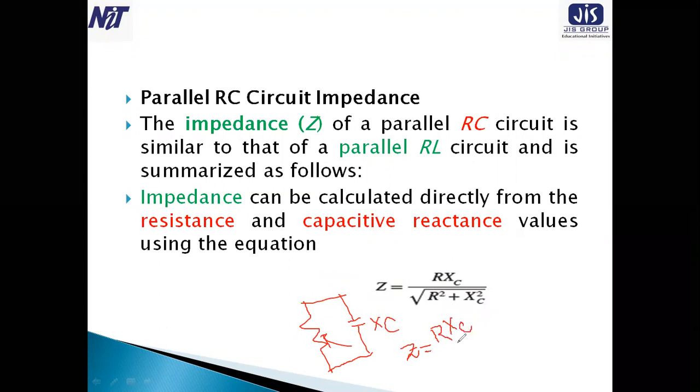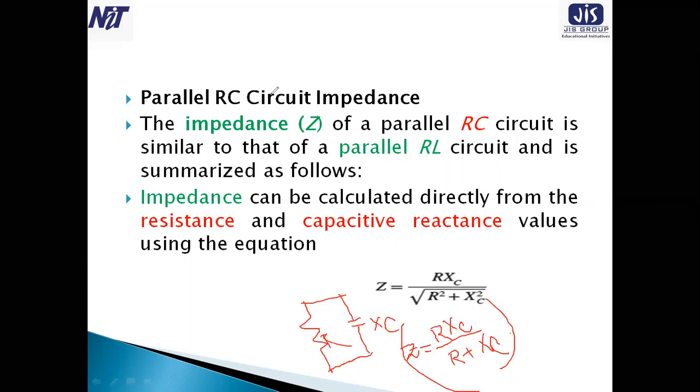So Z equals R Xc divided by root over R square plus Xc square. In this way, we can calculate the value of Z.